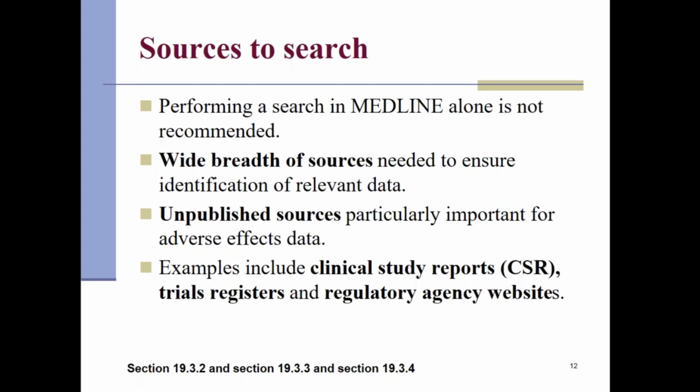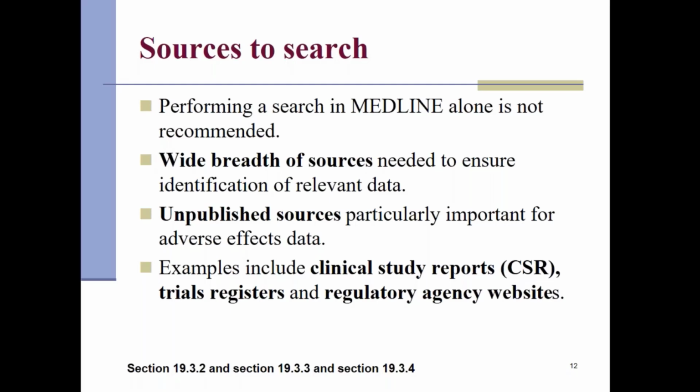Something I would like to highlight, though, is that unpublished sources are particularly important for adverse effects data. Though I agree that they're important for efficacy data, I think they're more important when you're talking about adverse effects. And this goes back to what I said about adverse effects often being secondary or tertiary outcomes.